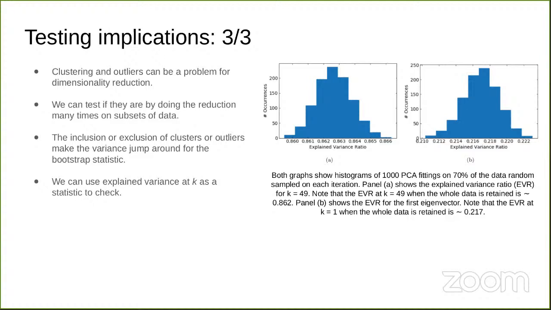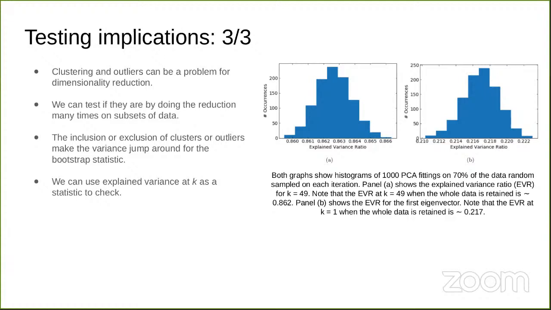Some natural curvature, a torus, any sort of non-linearity will cripple PCA quite badly if it's very pronounced. You can test whether that's the case by taking your data, leaving a bunch of it out, and then fitting PCA to see how much variance you explain with some number of components.